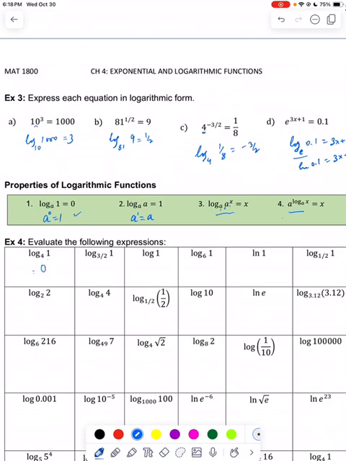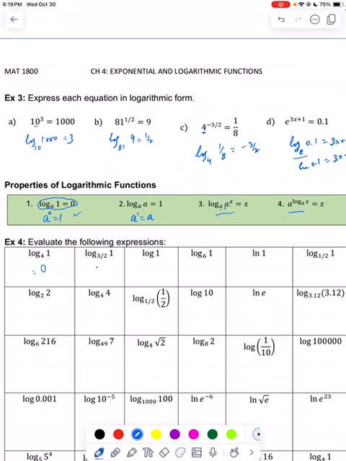So, what about the second one in the same line? Log base 3 halves of 1. Now remember what this property is saying, that log of 1 to any base is going to be 0. So log of 1 to the base 3 halves, 0.